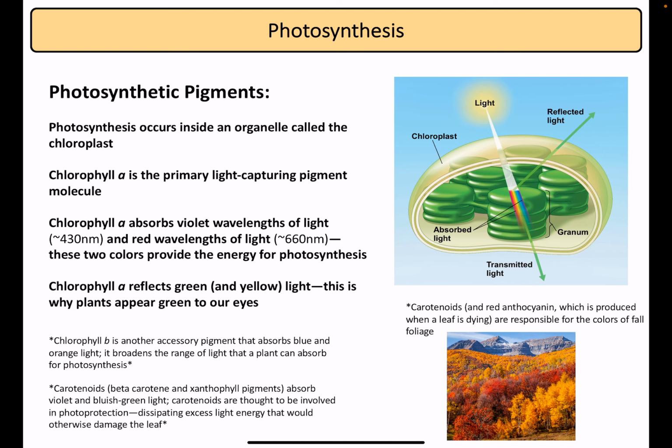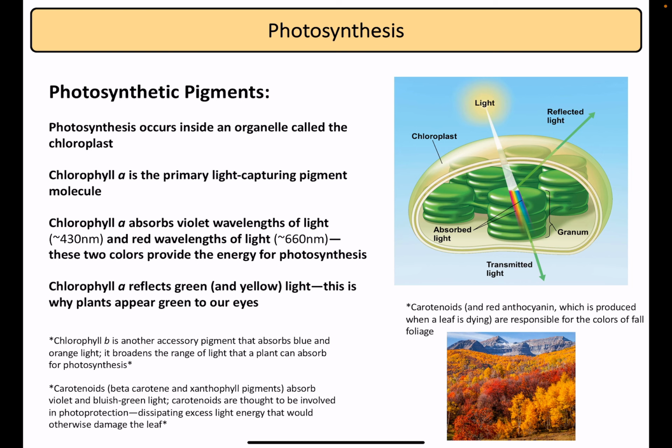Our next topic is about the pigments that are able to absorb light during photosynthesis. The name of these light-capturing pigments are chlorophylls. I say chlorophylls because there's different types.